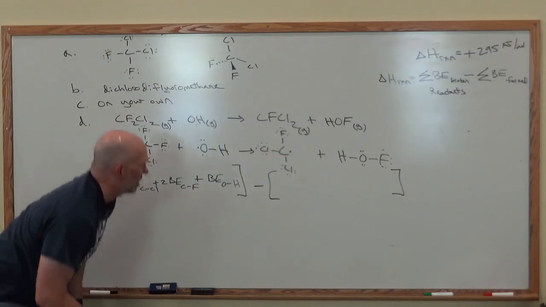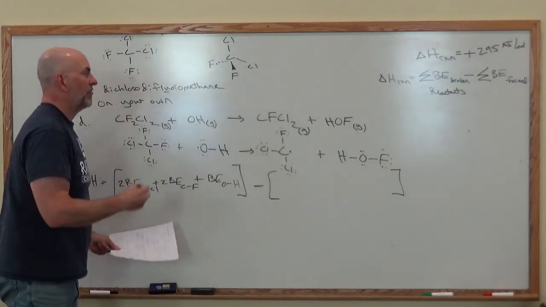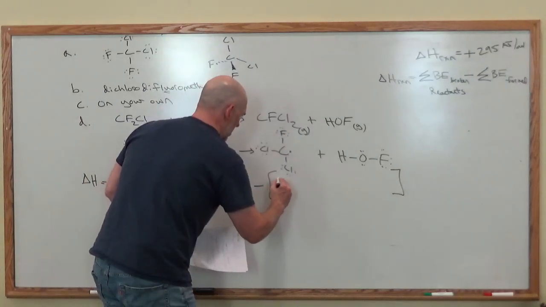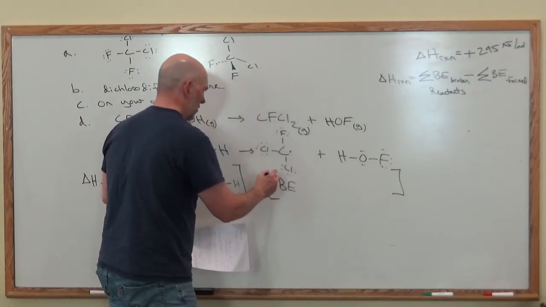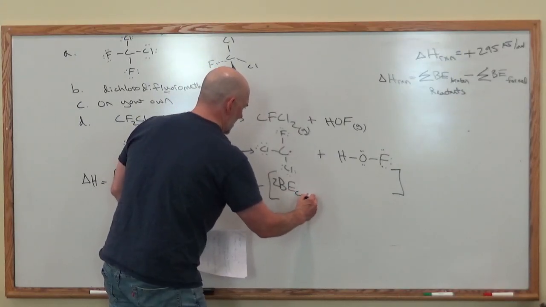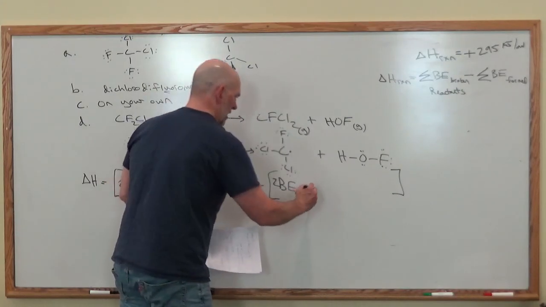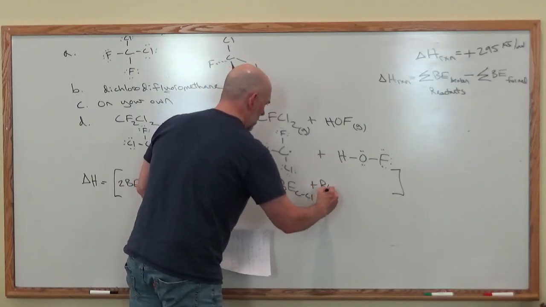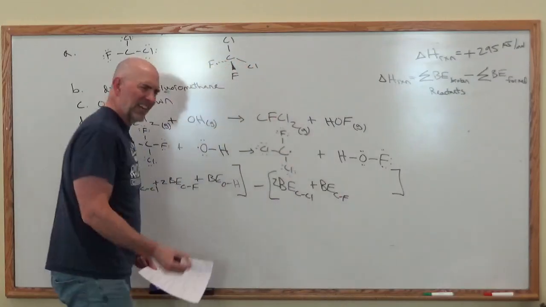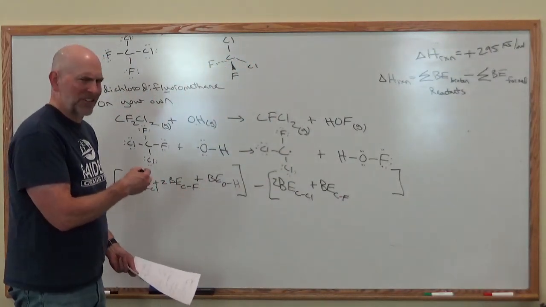And then what are we doing over here? The bonds that we're forming, but not really. What do we have here? We have 2 carbon connected to chlorine, and 1 carbon connected to fluorine. It's really kind of not very efficient to do it this way.